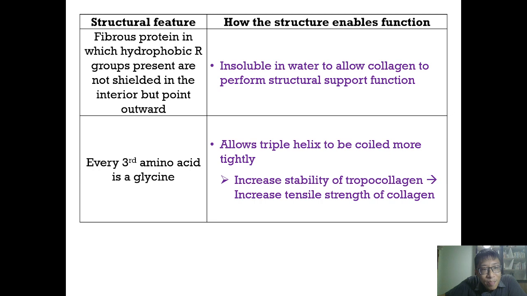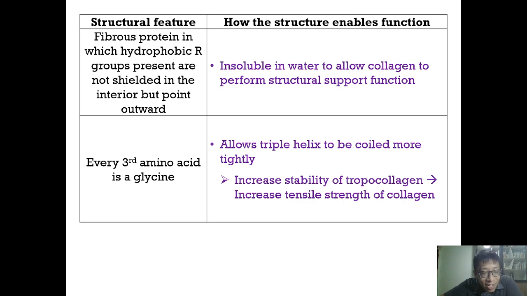Okay, so that makes collagen insoluble in water. So you can imagine, it performs structural function, but if it dissolves, then how does it support anything, right? So it cannot dissolve in water. So therefore, being fibrous, being not extensively folded, not having a tertiary structure, allows it to be insoluble, therefore perform support function.